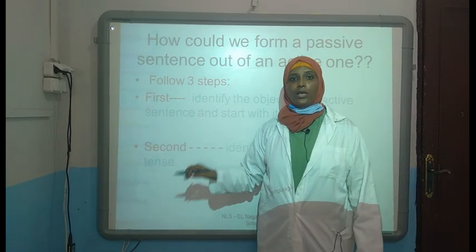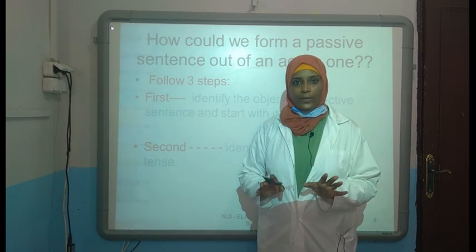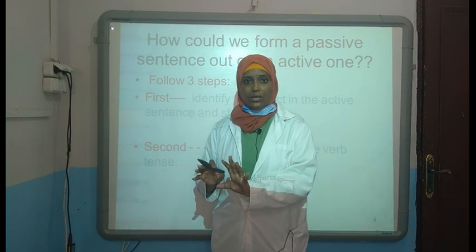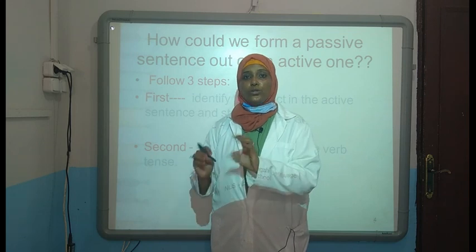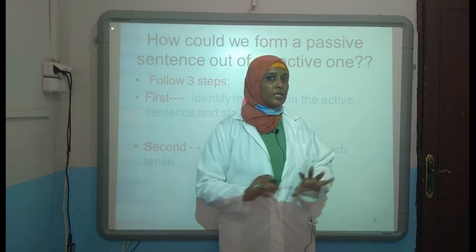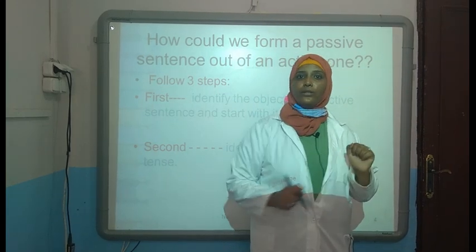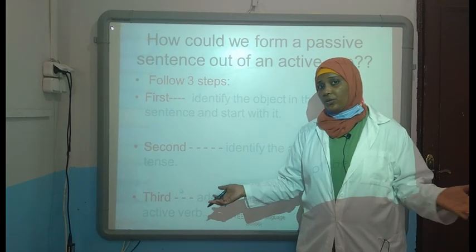Second one, identify the verb tense. Why? Because each tense in an active sentence, whether present simple or past simple or whatever, should be transformed to a certain shape in the passive, and we'll study it later on. The third step is adding by, followed by the doer of the verb.